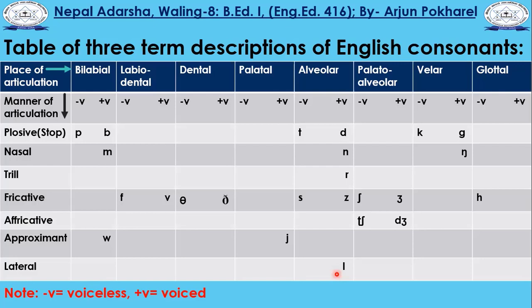In this way, we did the description in detail before. Now it is in summary form in a diagram. All the consonants of English are put in the same table at a time.